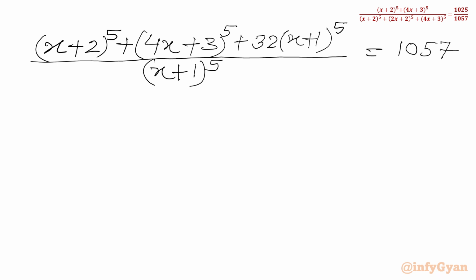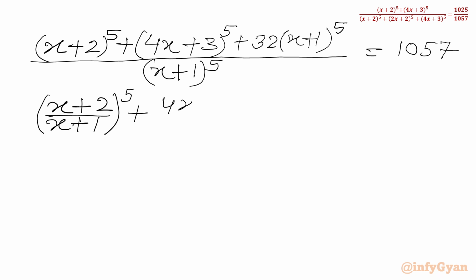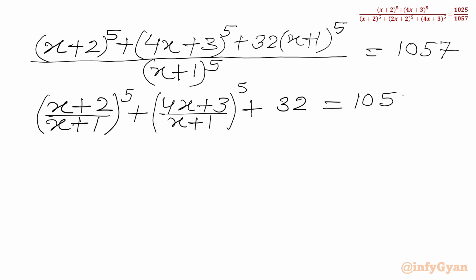Now we will split numerator with respect to denominator and we can write (x plus 2) over (x plus 1) whole power 5 plus (4x plus 3) over (x plus 1) whole power 5 plus 32 times (x plus 1) whole power 5, and denominator is also (x plus 1) whole power 5. We will get only 32. RHS will be 1057.